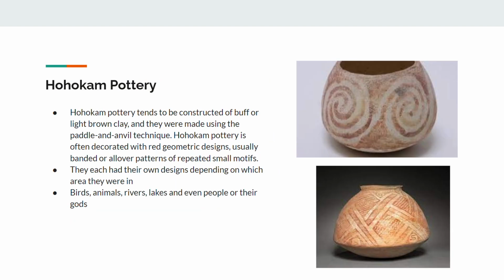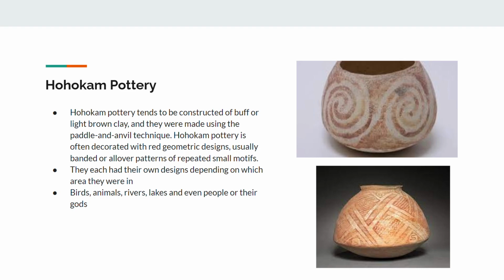So the next form of art that we're going to look at is called Hohokam pottery. Now this is a form of art that is found out west in Arizona and Nevada, part of the Hohokam tribe.